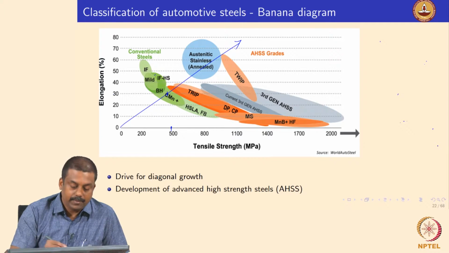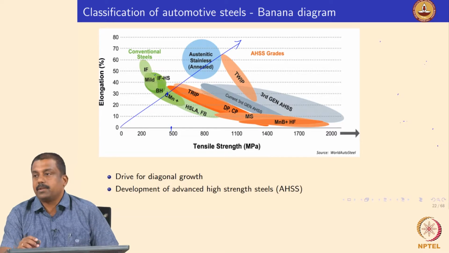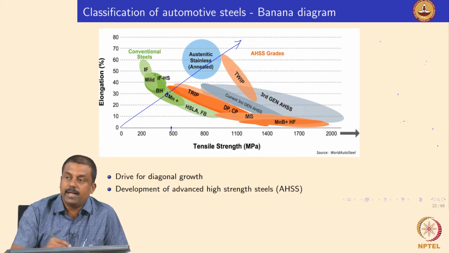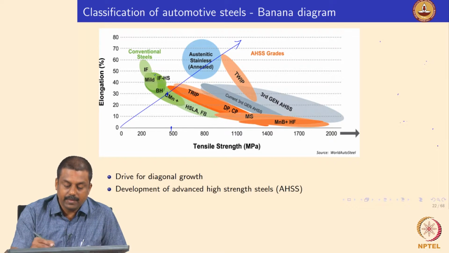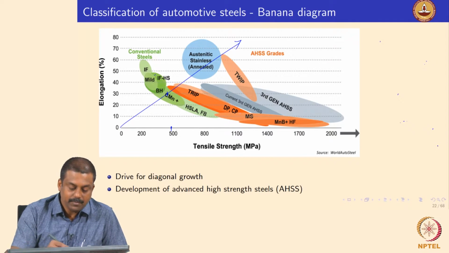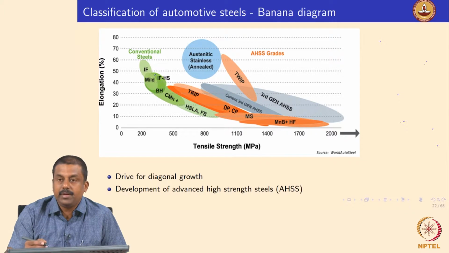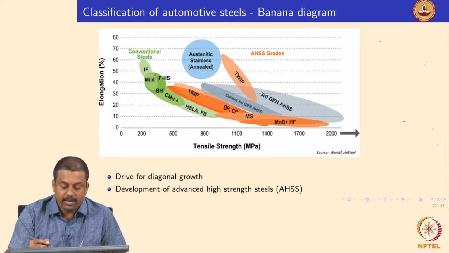Okay. So in order to do that, as I already explained, the conventional ferritic pearlitic microstructure cannot meet both the acceptable ductility and strength combinations. So the steel makers were already using various microstructure combinations to obtain the strength and ductility which is required to make the automotive components.